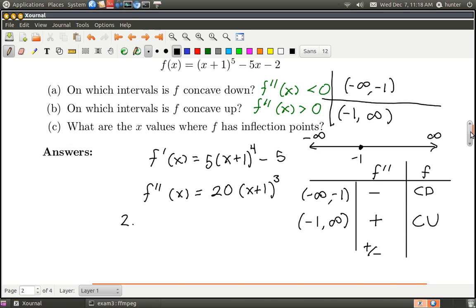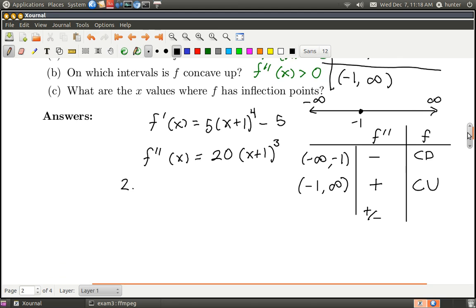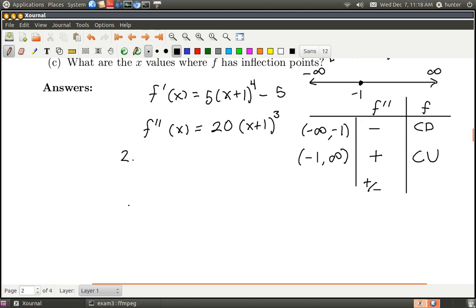Okay, great. So the only thing left is C. C is about inflection points. And maybe I should just say something about what is concave up, what is concave down, what is an inflection point. So this is what a region which is concave up looks like, where this black curve is supposed to be the graph of f.